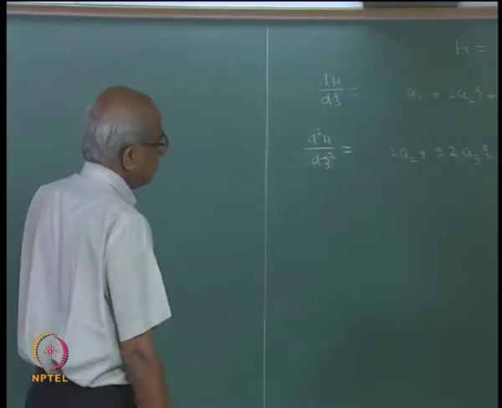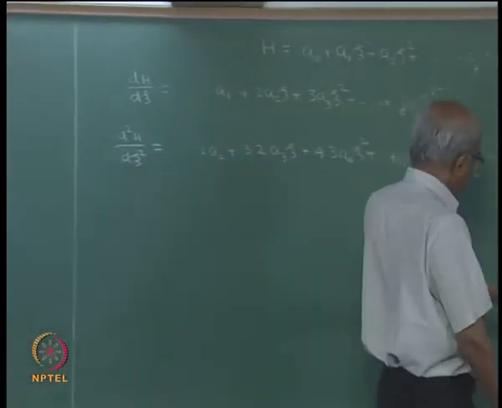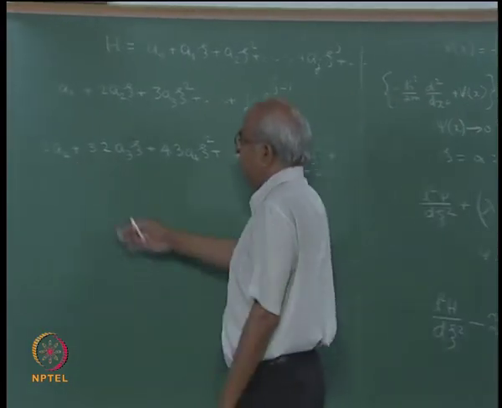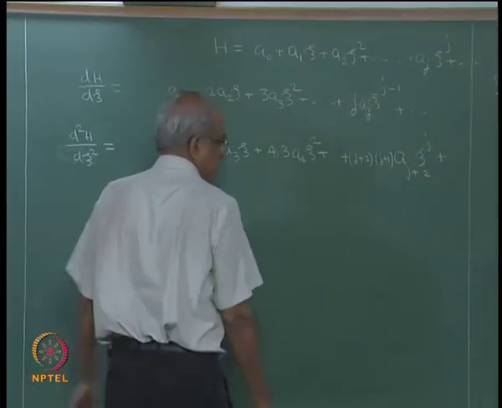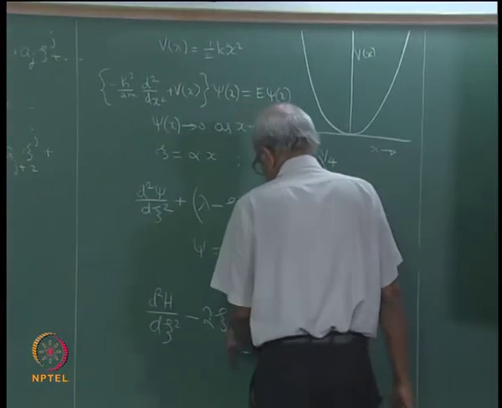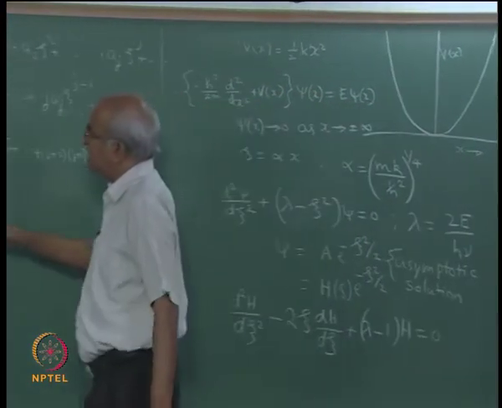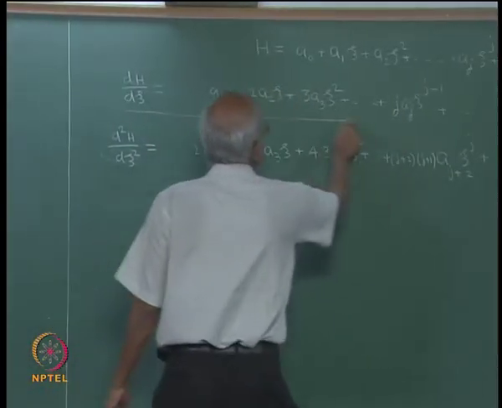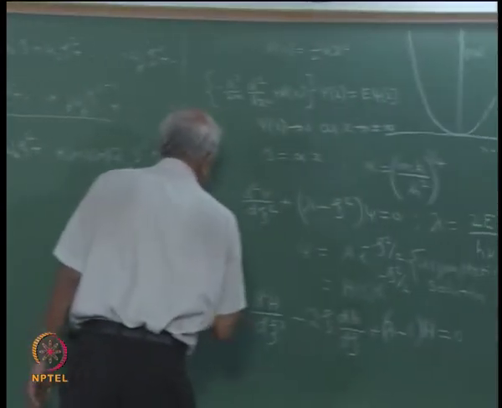And now, if I look at the differential equation, I have d square h by dx square, but I also need minus 2c times dh by dx. So, that means I shall multiply this by minus 2c.